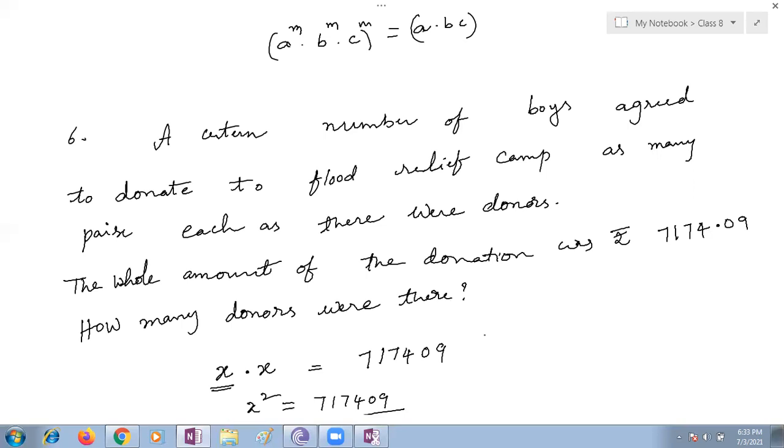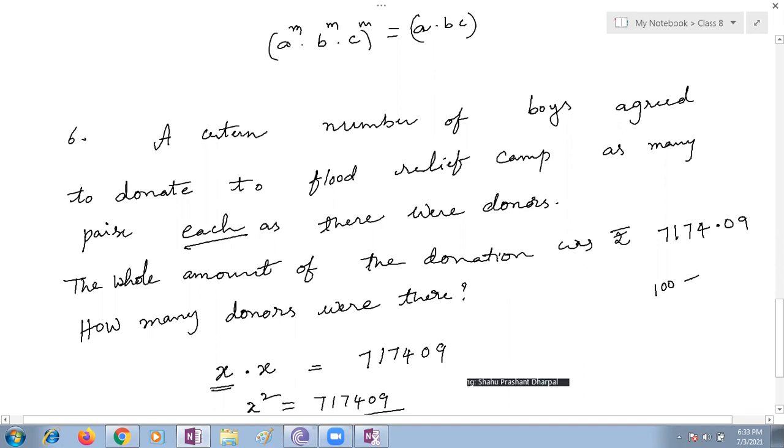If there were 100 donors, they will contribute 100 paisa each, so they donated 1 rupee. Suppose 100 donors are there, how much paisa is collected?